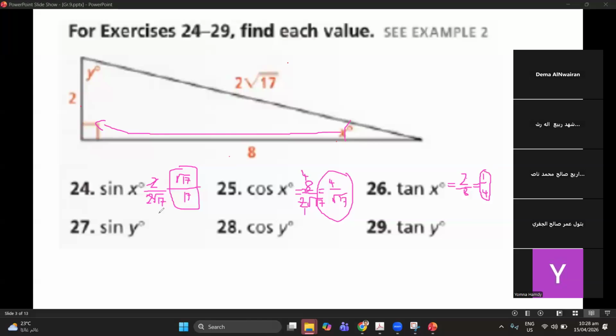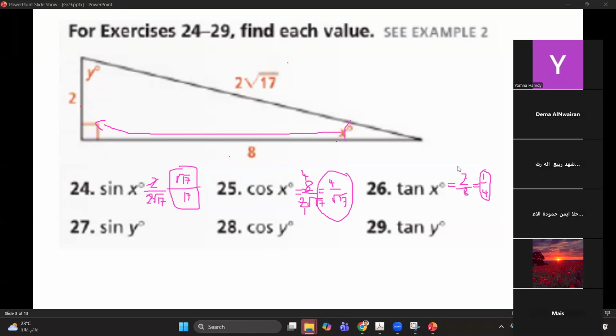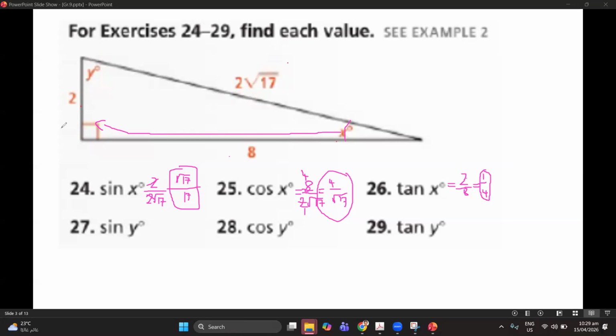Now, sine of y. Let's choose Yumna. Yes, Yumna. Sine y, so 8 over 2 square root of 17. Y, its opposite is 8. Bravo.